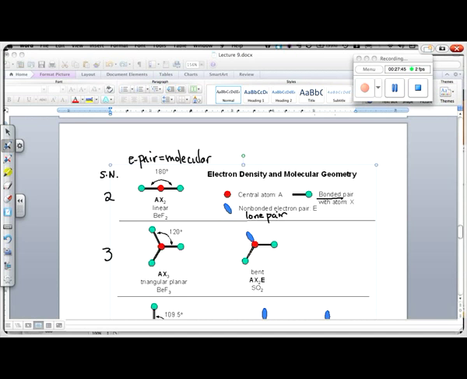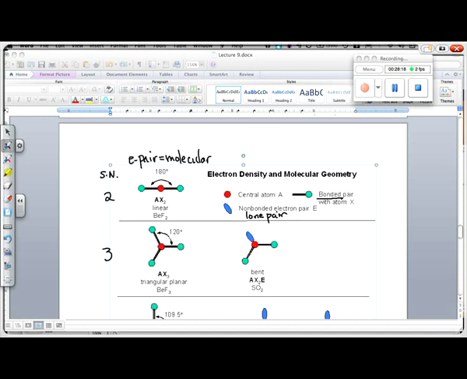So anything that's linear, the electron pair and the molecular are going to be the same. I know you don't quite understand this yet, so just hold on another minute or so. In the steric number 3, I can have 3 bonds around the central atom, or I can have 2 bonds and a lone pair. They both have the same electron pair geometry. They both have a steric number of 3. So steric number tells you the electron pair geometry.